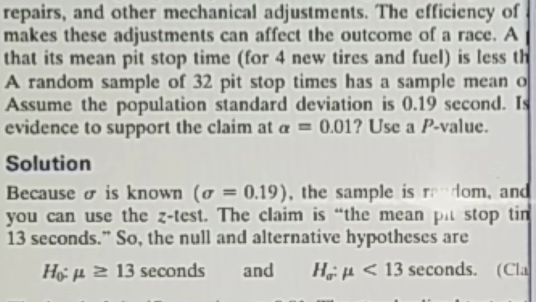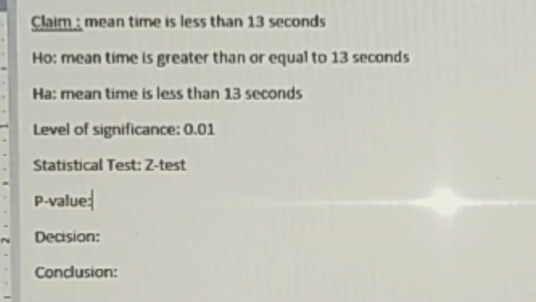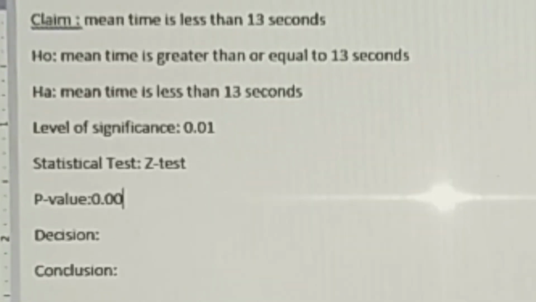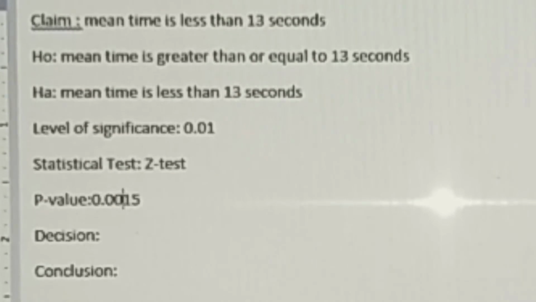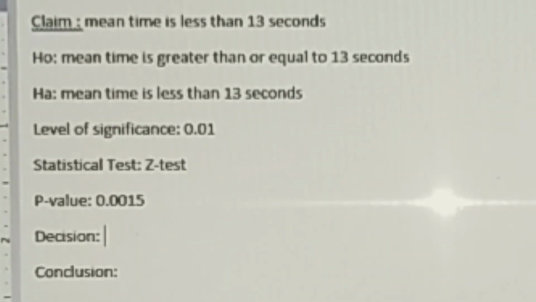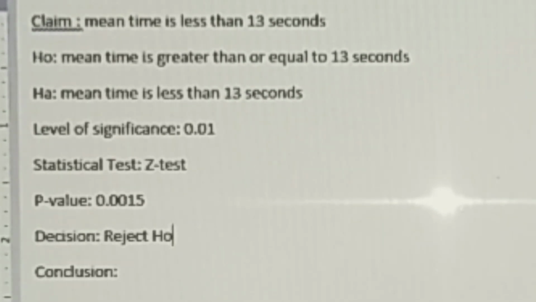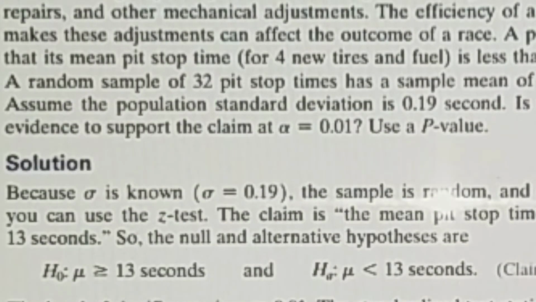So we will first write the p-value, which is 0.0015, and then for the decision, we have reject H naught. Now, for the conclusion, we will refer to the claim.